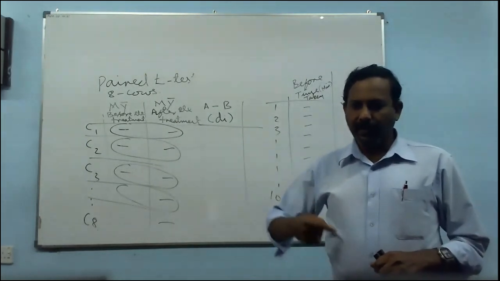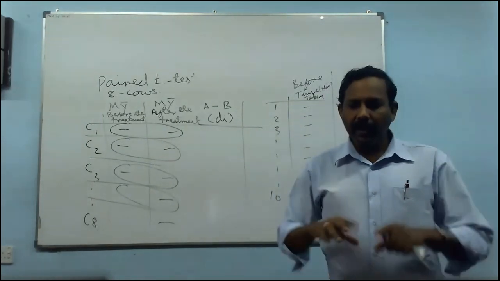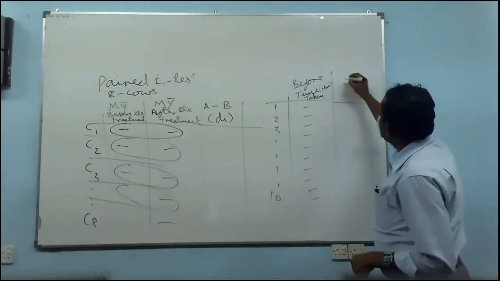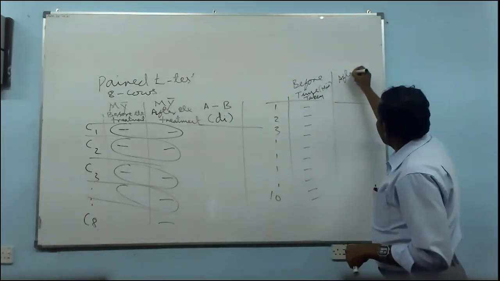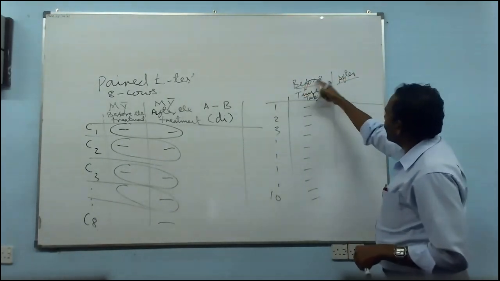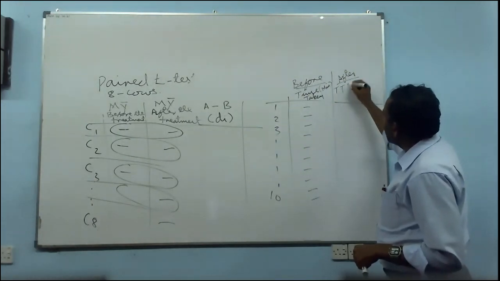Is it clear? So they are given the same document again to do the typing. Now we are recording after the training. This is before the training, this is after the training. Time taken, I will put it as TT, in minutes.